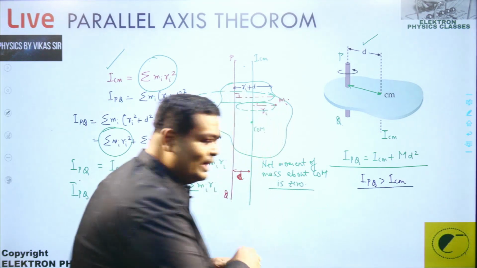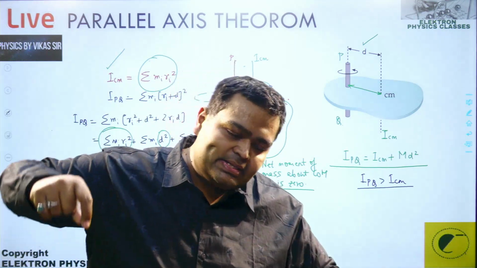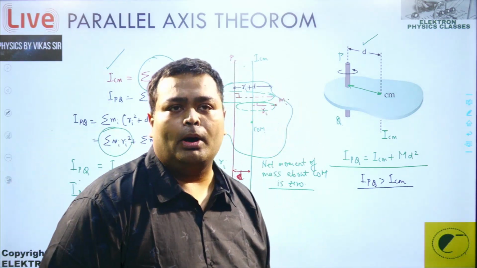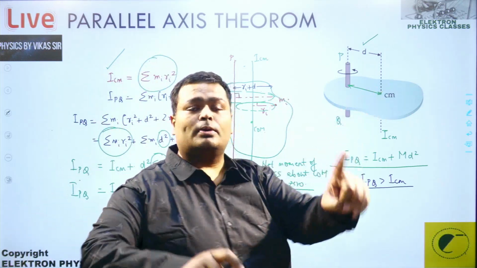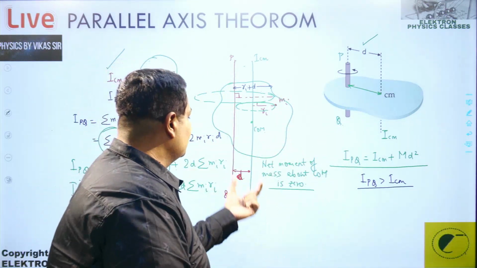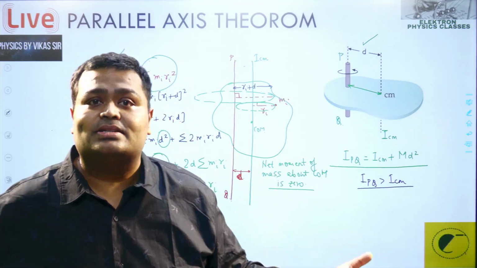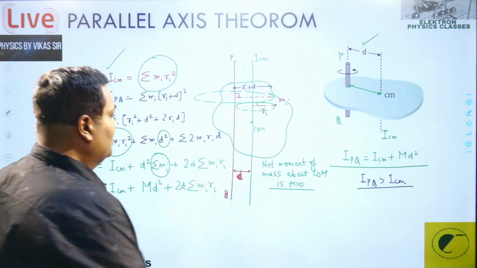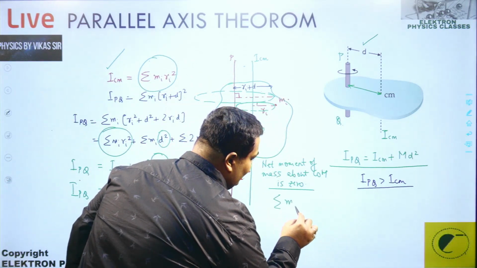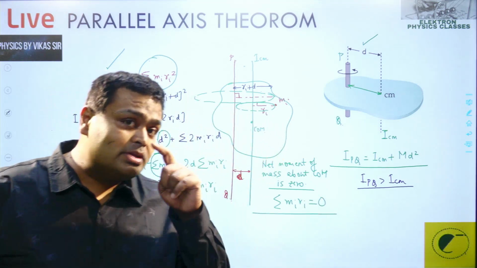And that's the reason this theorem is necessary about COM. Because if this axis does not pass through COM, then this is not valid. It is not like that the net moment is 0 about any axis. It is about the center of mass axis. And therefore, summation of Mi Ri will become 0, but only about the center of mass axis.